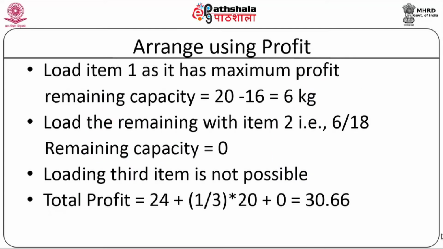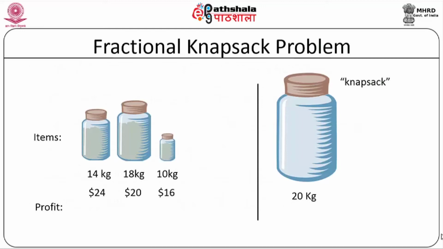Imagine like this, I will go according to the profit. So, just to see this particular diagram, you can see that the profit is given. For item 1 the profit is $24, item 2 profit is $20, and item 3 profit is $16, and the corresponding weights are given as 14, 18 and 10.